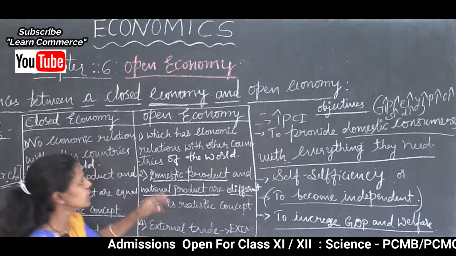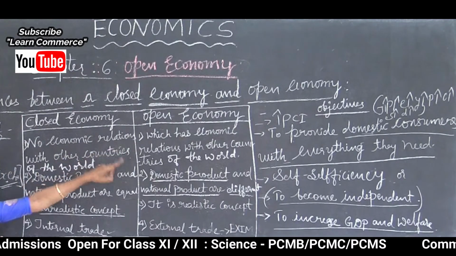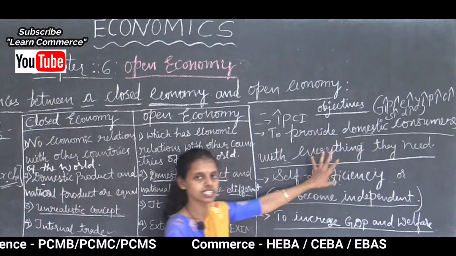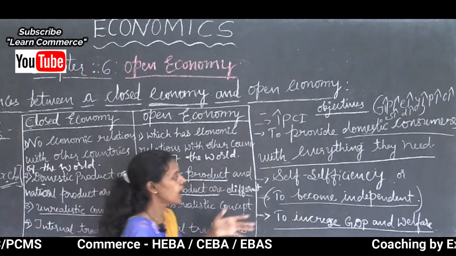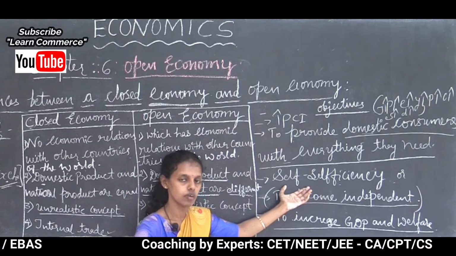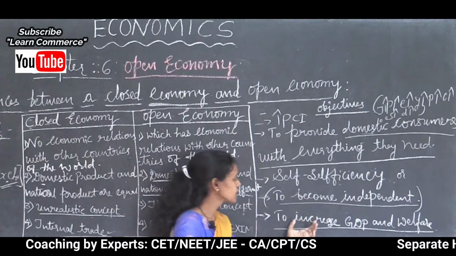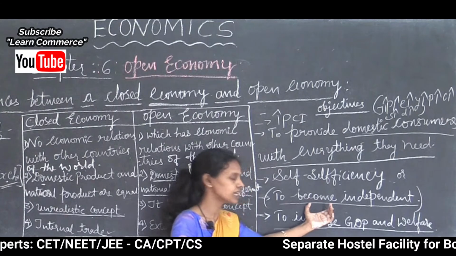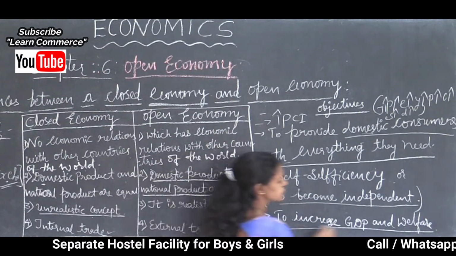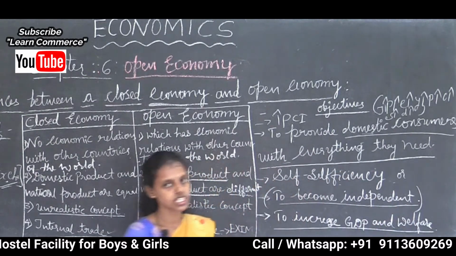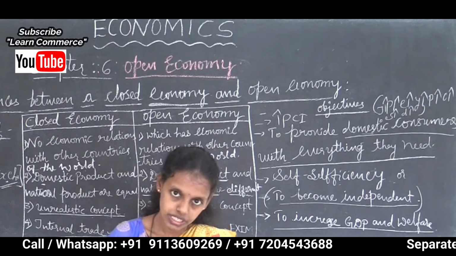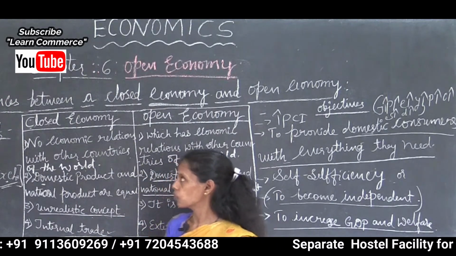Thus, the main objective is to provide whatever goods domestic consumers need. Domestic consumers should be satisfied with domestic production, and self-sufficiency should be there. We should not be dependent on others for our requirements, to become independent and free from the domination of other countries, and to increase the GDP and welfare of the country. The main aim is to increase the GDP and welfare of the country as a whole.